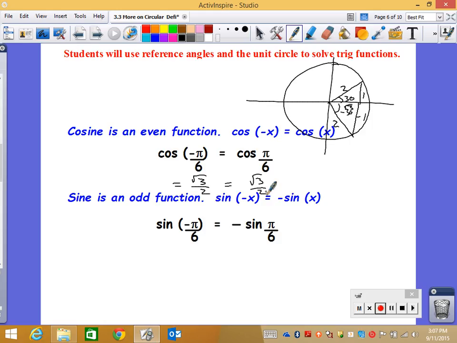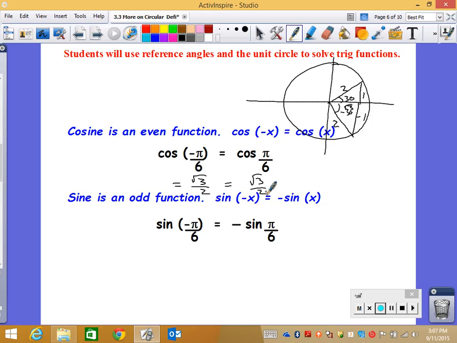So if we go back to what we talked about on the last slide about even functions, no matter if I plug in a positive or a negative number, as long as the number is the same, they're the same numbers and the same sign. But what about the sine of these angles? What's the sine of negative pi over 6 or negative 30?